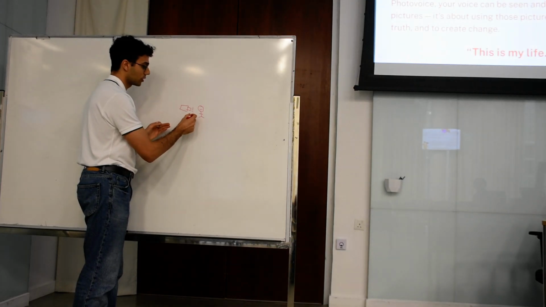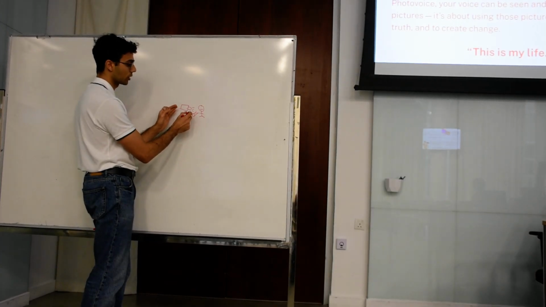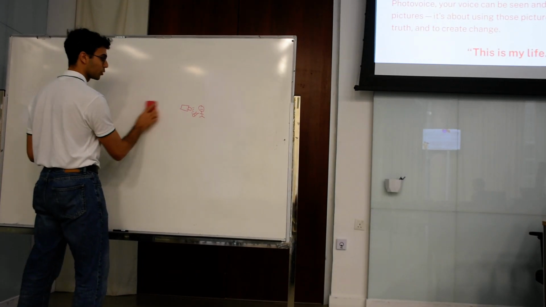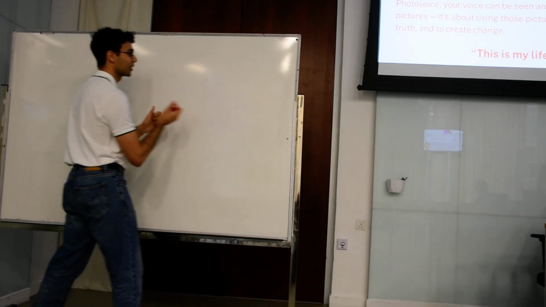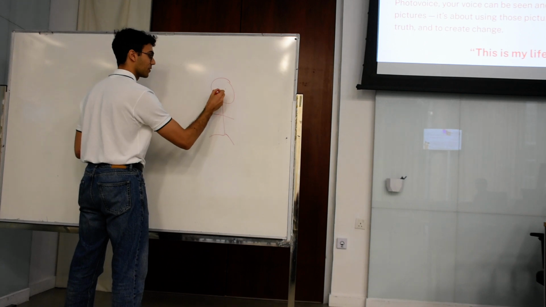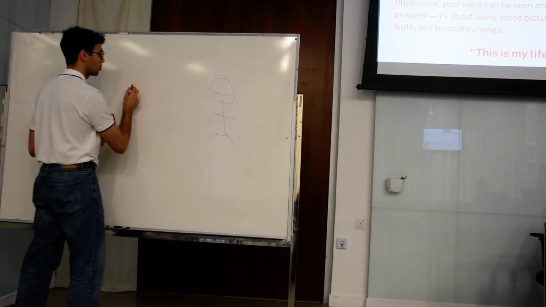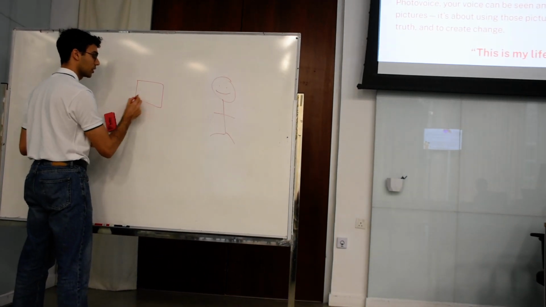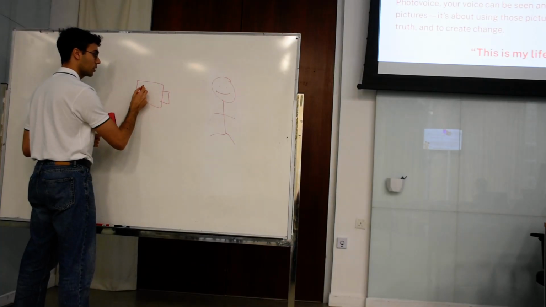If this is the source of light here, it needs to go to him, not in your way. So this is your subject, and your camera is here.